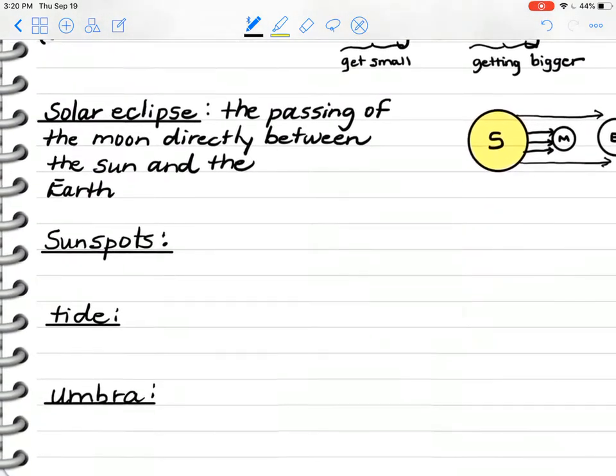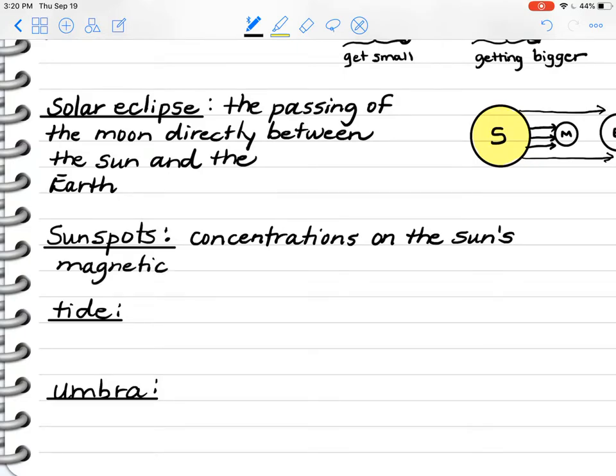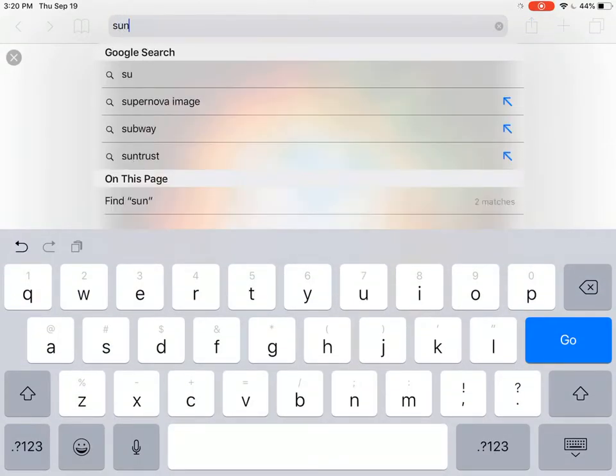Okay, sunspots are concentrations on the sun's magnetic fields. And we won't go into much detail here. I'm going to see if I can find you a picture to see. So sunspots.